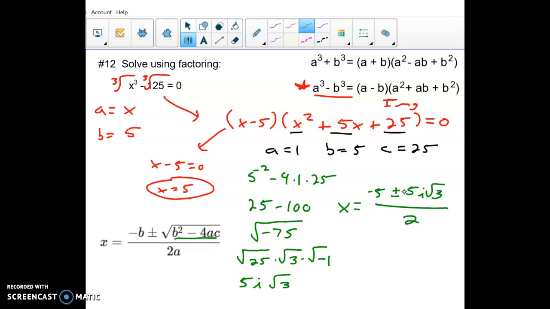And if the 2 evenly divided both of these parts, I would do it, but since it doesn't, I'm just going to leave it that way. So we have 3 answers, 5, and then these 2 imaginary answers. And that's largely one of the hardest things on the test, but you'll have these factor patterns and then also this quadratic formula.